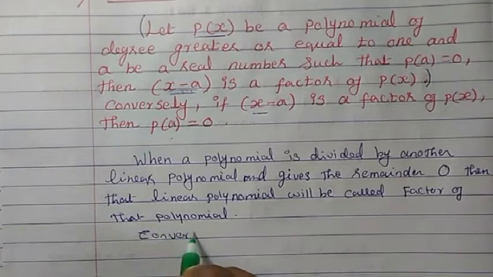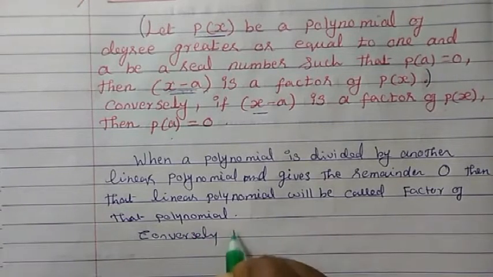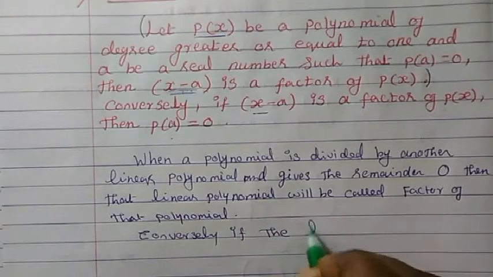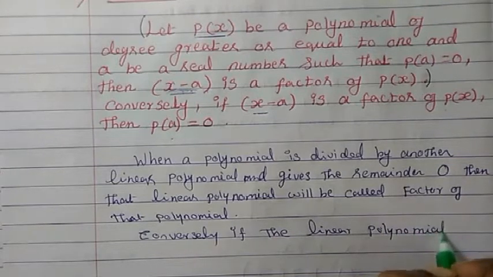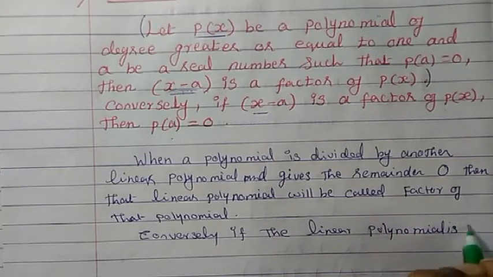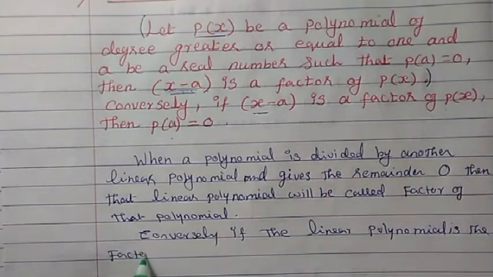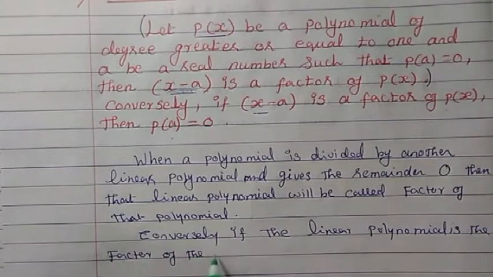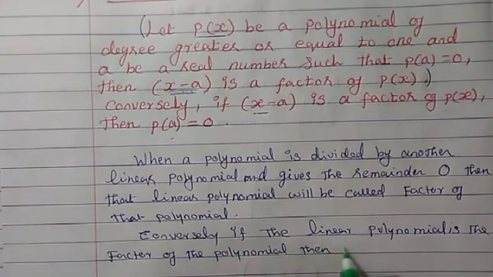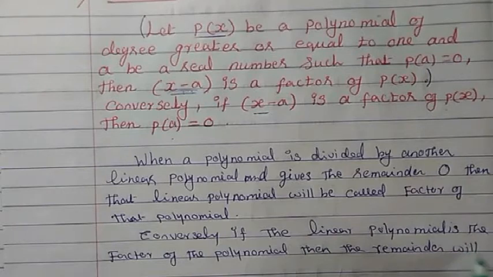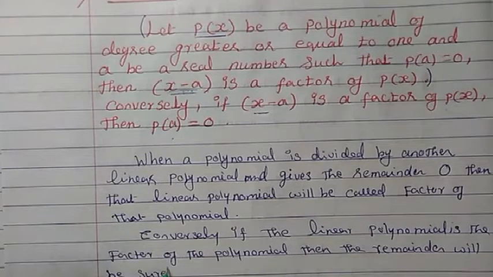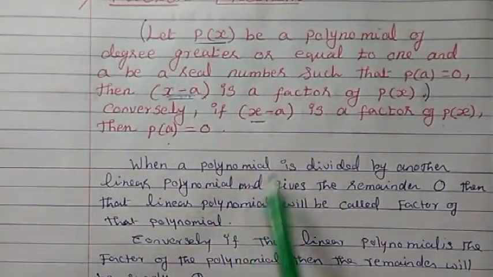So conversely, if the linear polynomial is the factor of the polynomial, then the remainder will surely be 0.